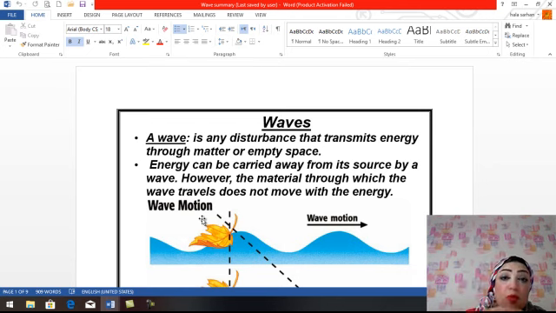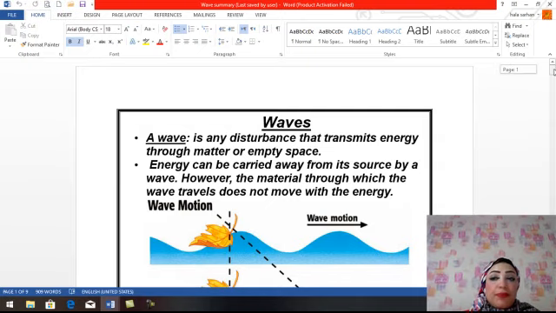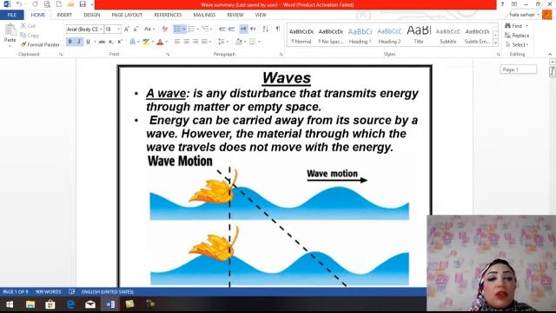So this wave motion affects the waves of the water and also affects floating substances, like a leaf or a ship.